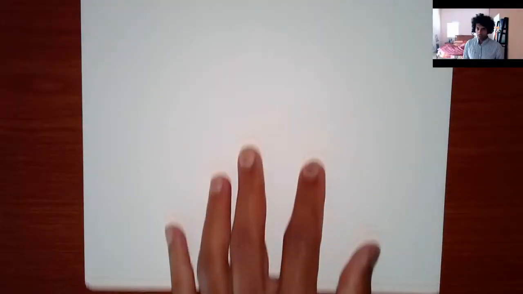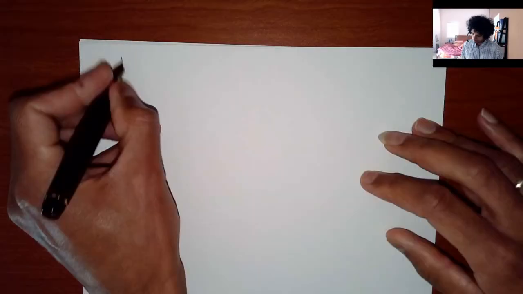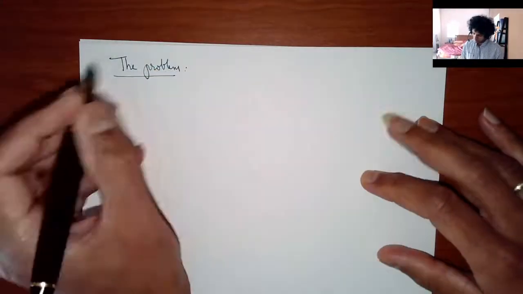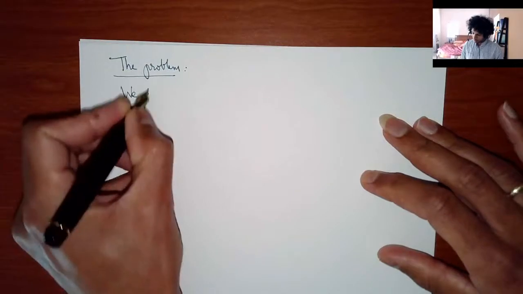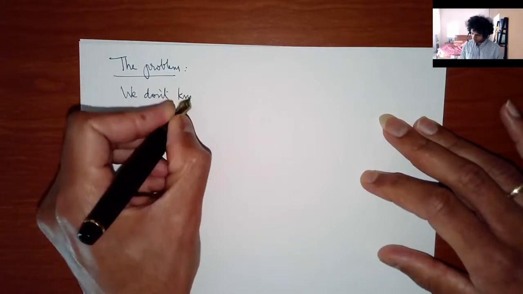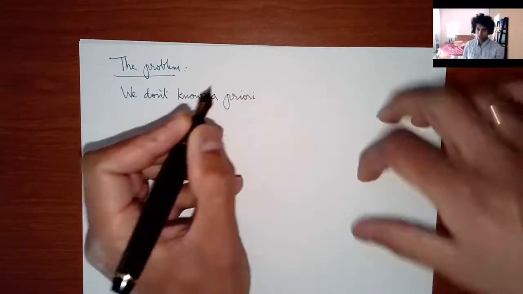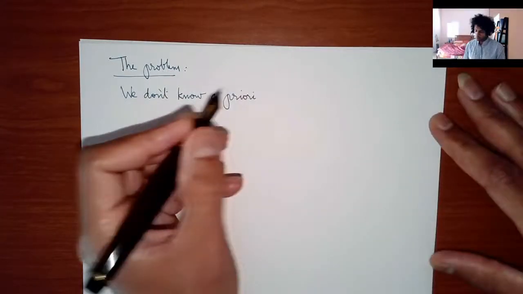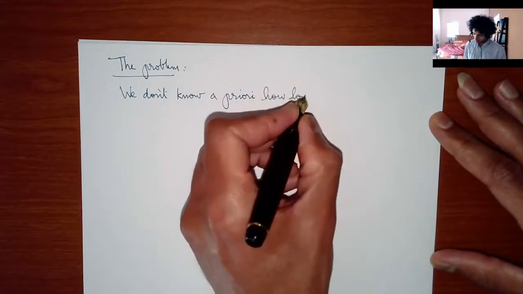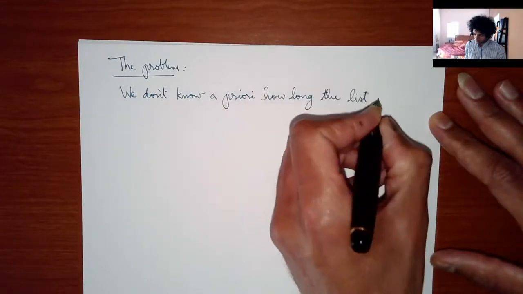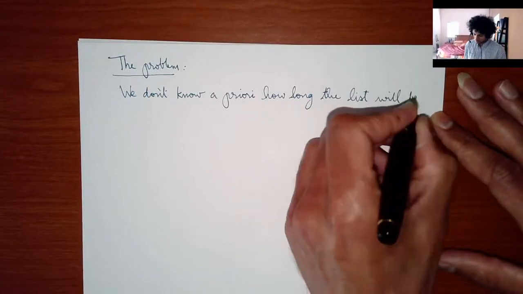So let me just write that down quickly over here. The problem: we don't know a priori, which means in the beginning we don't know how long the list will be.